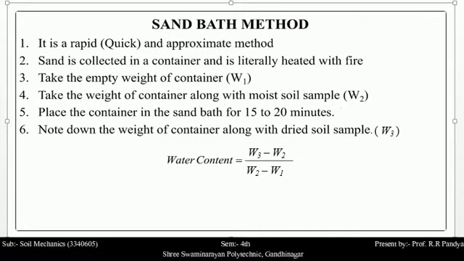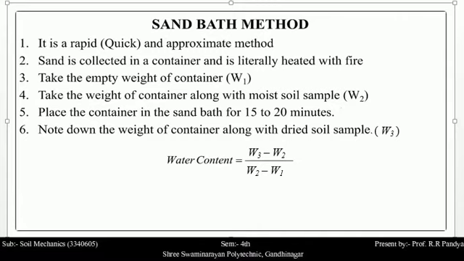Sand is collected in a container and heated with fire. Then we take the empty weight of the container and denote it with W1. Take the weight of the container along with the moist soil sample collected directly from the ground. Give it the name W2.